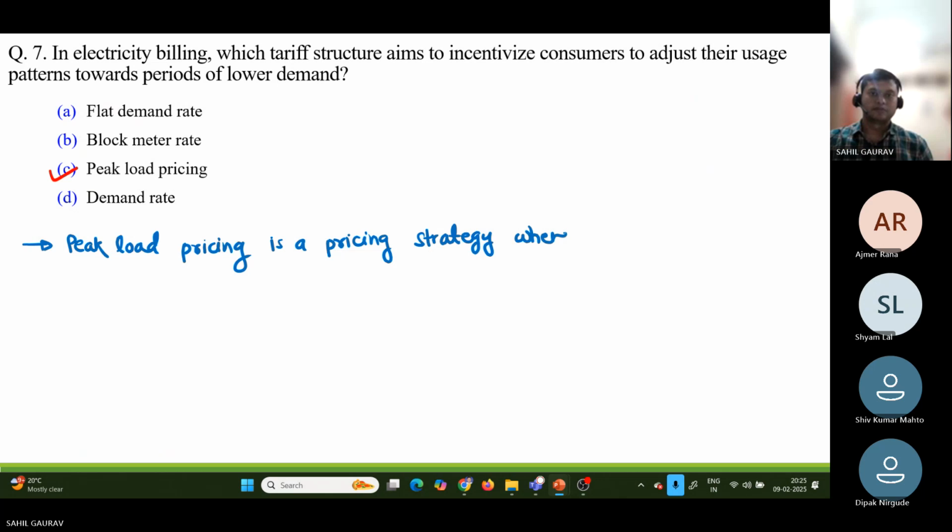where prices are raised during periods of high demand.